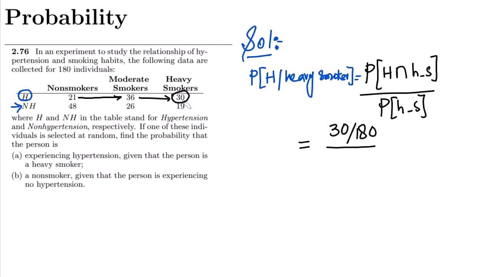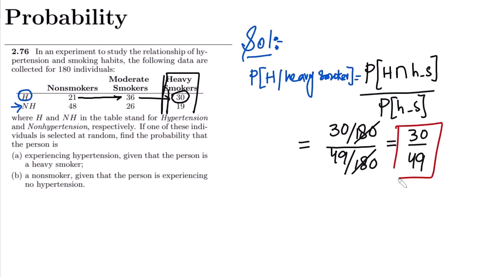So 30 plus 19, this is basically the heavy smoker. So 30 plus 19 is 49. So 49 divided by 180 is the probability that a person taken randomly is a heavy smoker. These two 180s will cancel out, and here I will get 30 divided by 49, and that is the solution of part A.